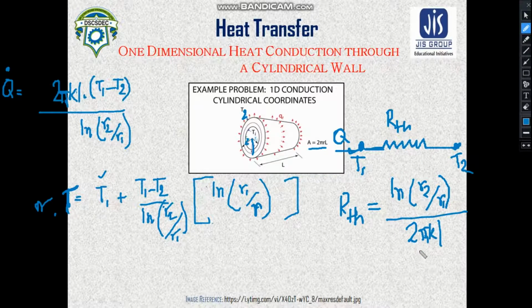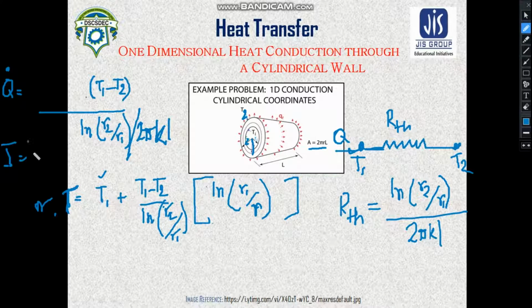I think it is quite simple to understand, because you have the understanding for the plane walls. Now I'm sure that you are getting this, because this Q can be referred to like this, and it is somehow similar to Ohm's law, where I is equal to V1 minus V2 divided by resistance.